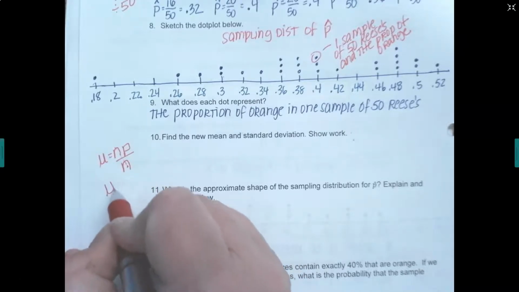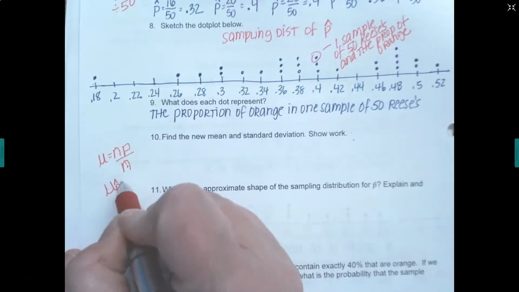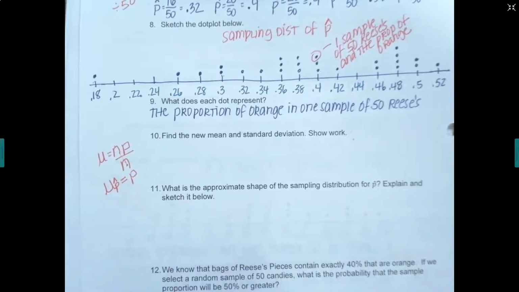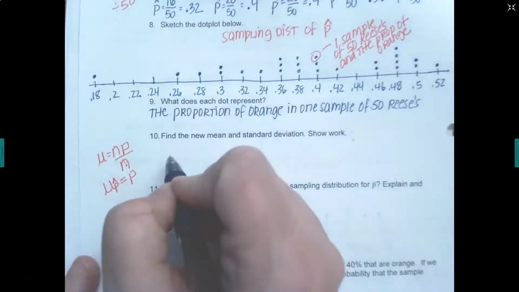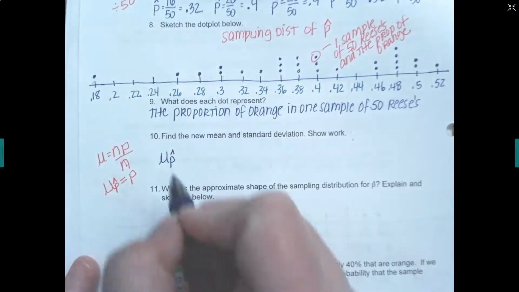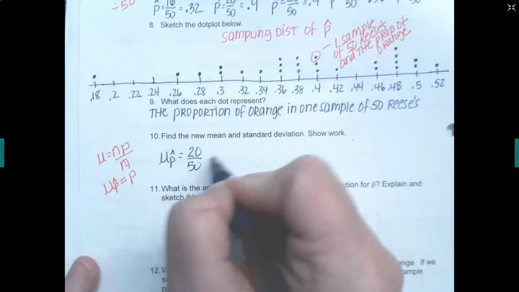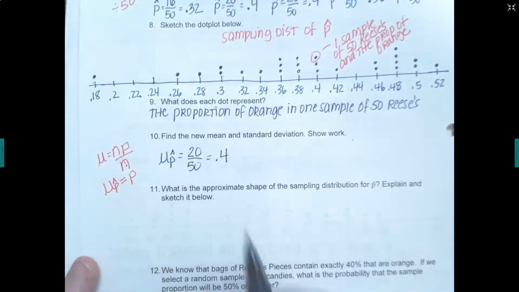So the mean of your p hat is going to be equal to your population proportion. That's what we were saying before. We already knew that. That's the unbiased estimator that we've been talking about. So the mean of our p hat is going to be the same as our population proportion, which the company is claiming to be 0.4.